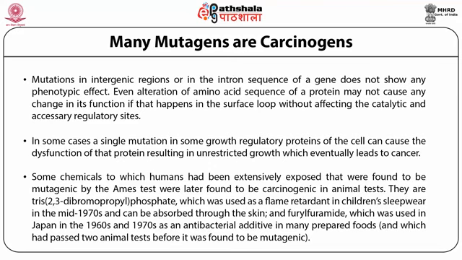Another example is furyl furamide, which was used in Japan in the 1960s and 1970s as an antibacterial additive in many prepared foods, and which had passed two animal tests before it was found to be mutagenic.